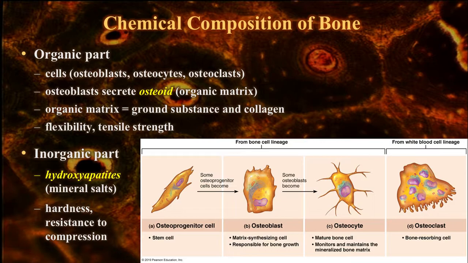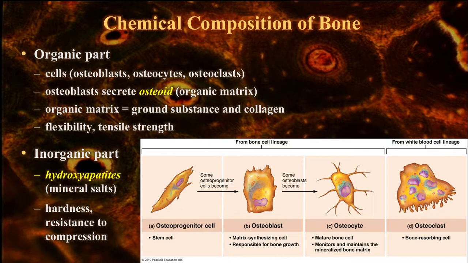What do osteoblasts do? They produce the bone, right? So we're going to say that they secrete osteoid now, okay? They secrete that ground substance, the fluid and the collagen. Okay, so those are the osteoblasts. They produce the bone.